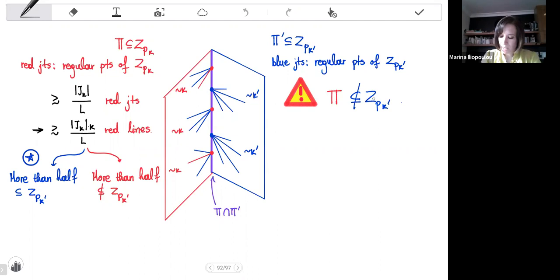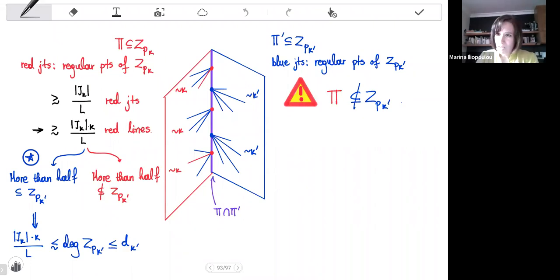If the P_k prime polynomial was vanishing on more than its degree lines along the plane, then it would vanish on the whole plane. So all the red lines we know we have are at most the degree of the P_k prime polynomial, the blue zero set. Okay, so we get some bound for J_k that unfortunately depends on k prime.